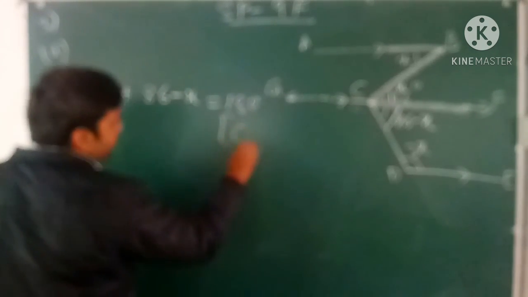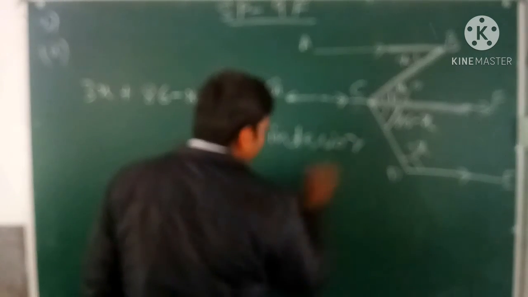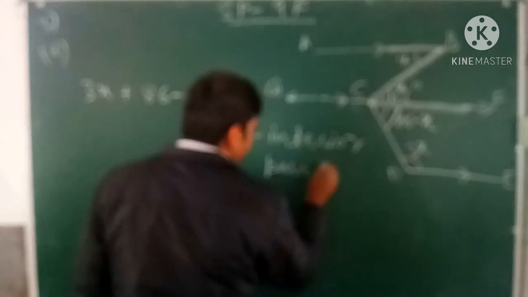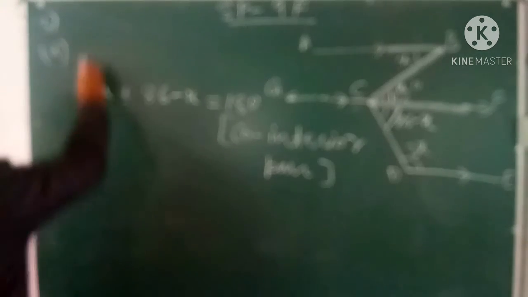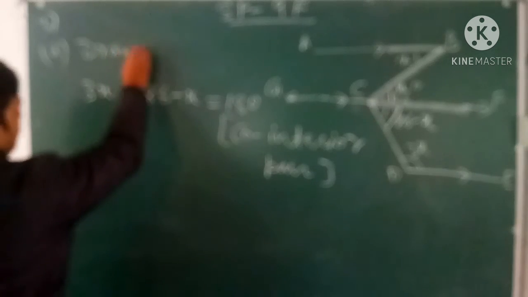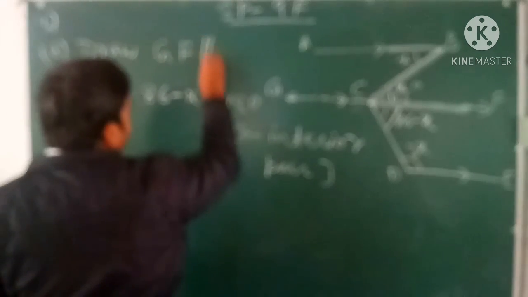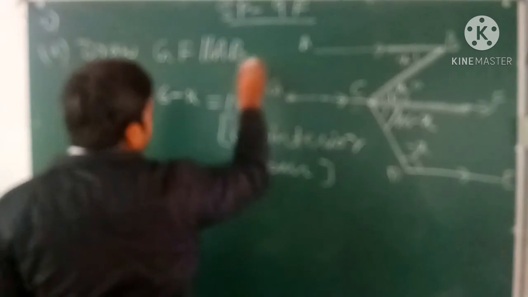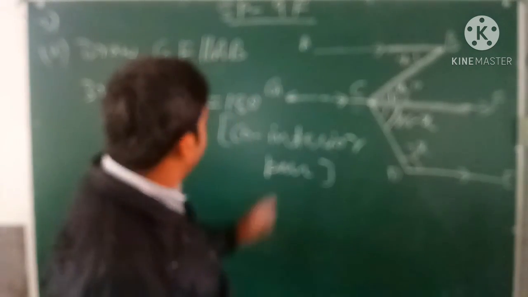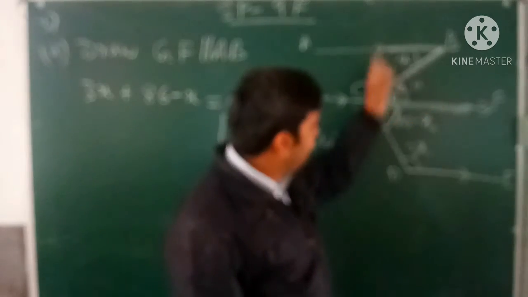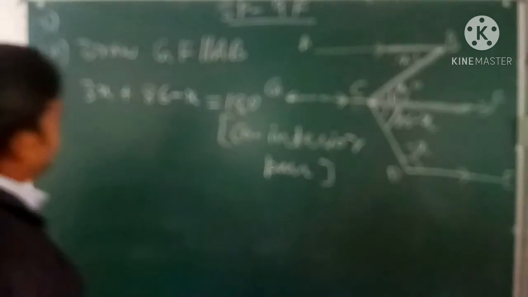The reason you can put is co-interior. Here we construct GF parallel to AB. Since GF is parallel to AB and AB is parallel to DE, GF will also be parallel to DE. That is why we have applied this.